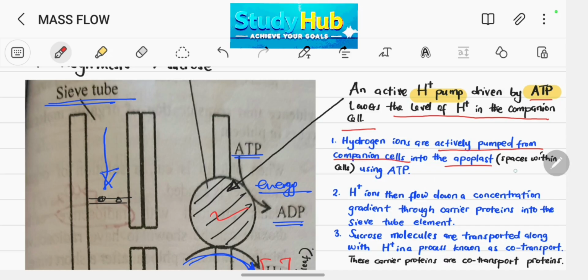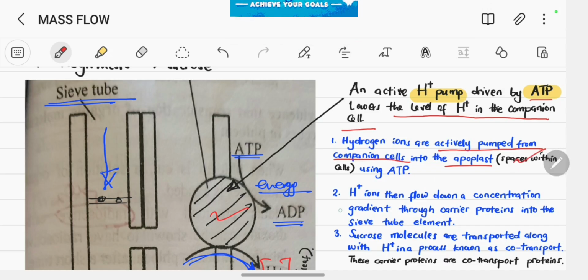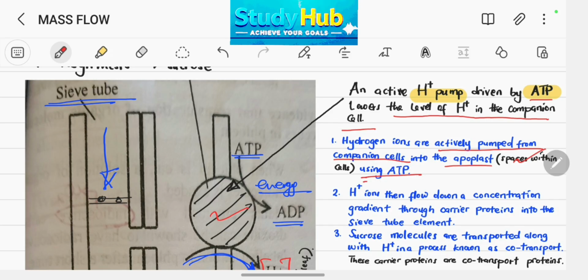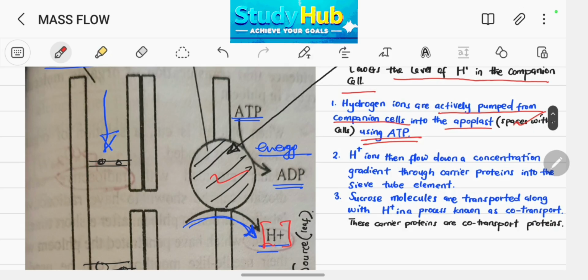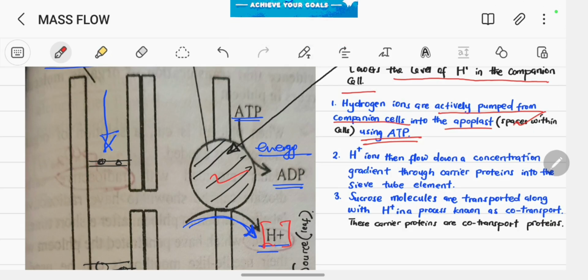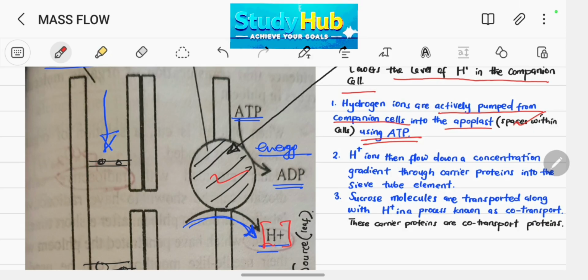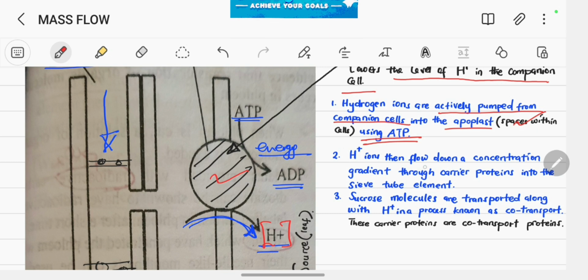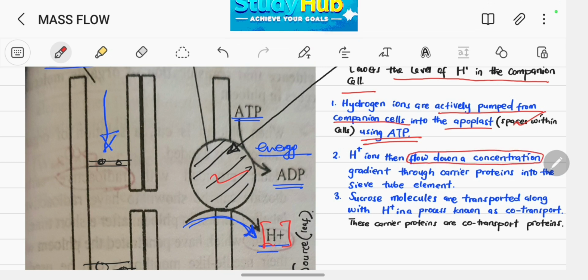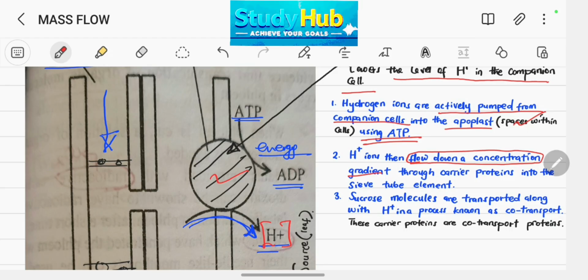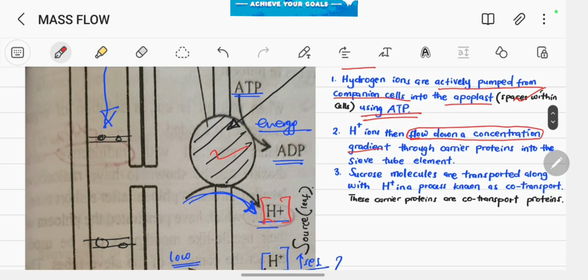The apoplast are the spaces within the cells, and this one is utilizing ATP. Then hydrogen ions flow down a concentration gradient through carrier proteins into the sieve tube element.